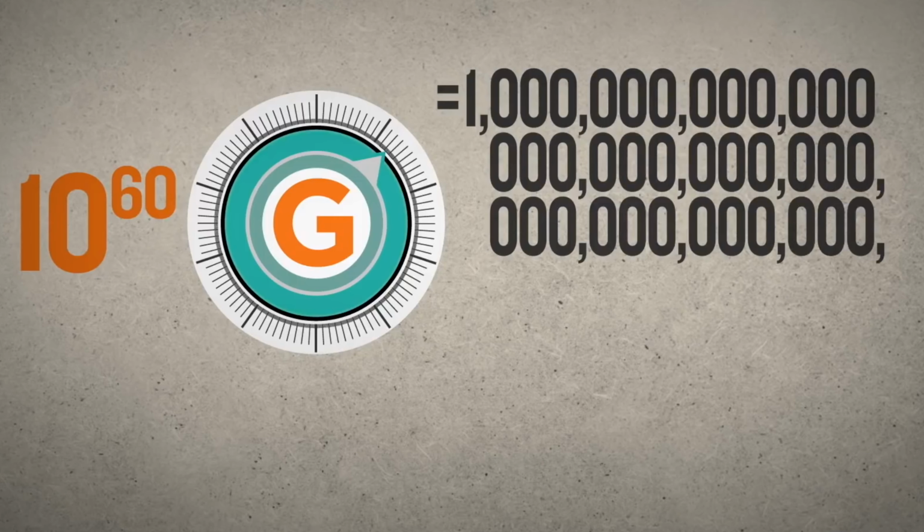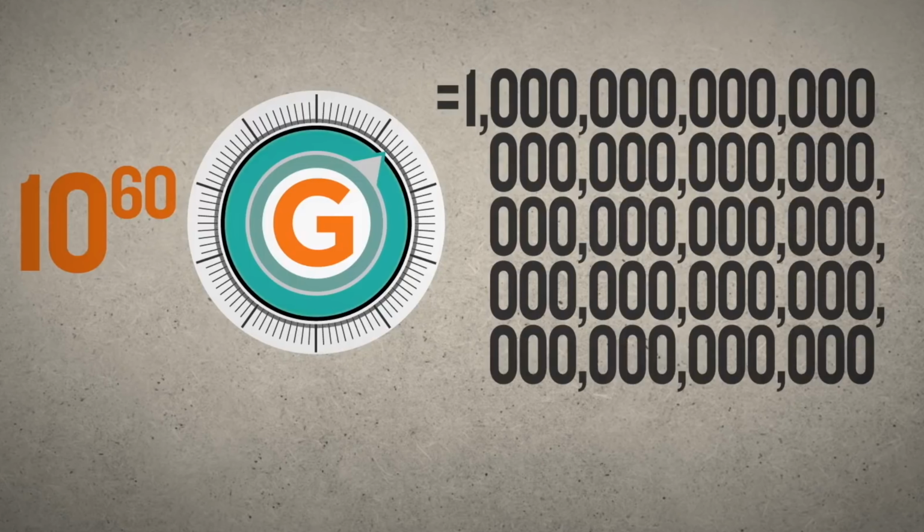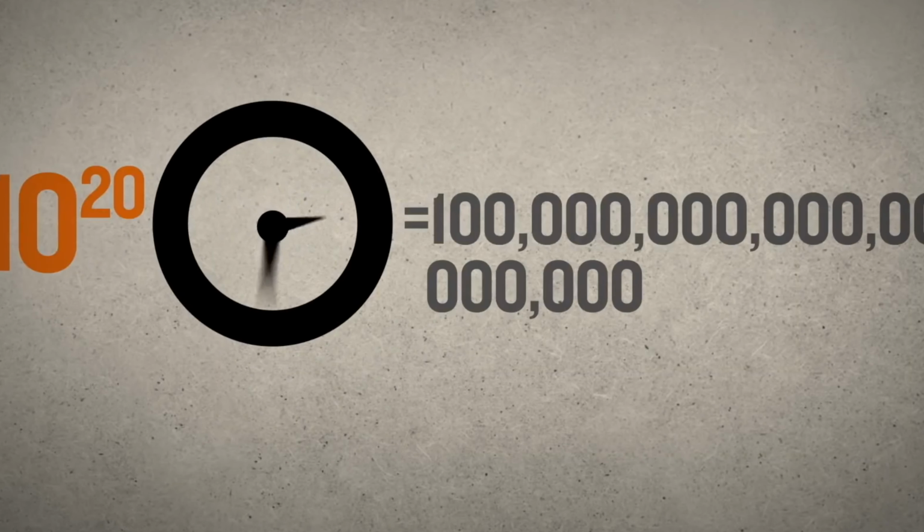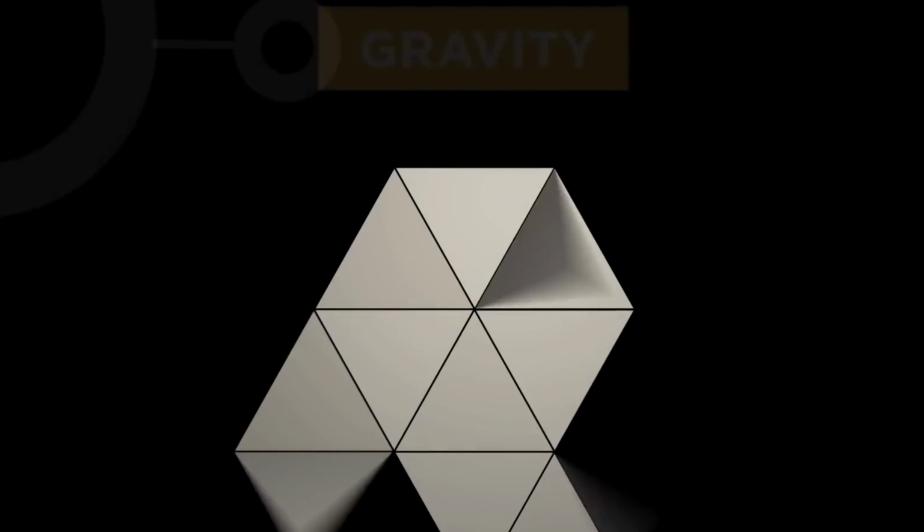To get a handle on how many tiny points on the dial this is, compare it to the number of cells in your body, or the number of seconds that have ticked by since time began. If the gravitational constant had been out of tune by just one of these infinitesimally small increments, the universe would either have expanded and thinned out so rapidly that no stars could form and life couldn't exist, or it would have collapsed back on itself with the same result: no stars, no planets, and no life.